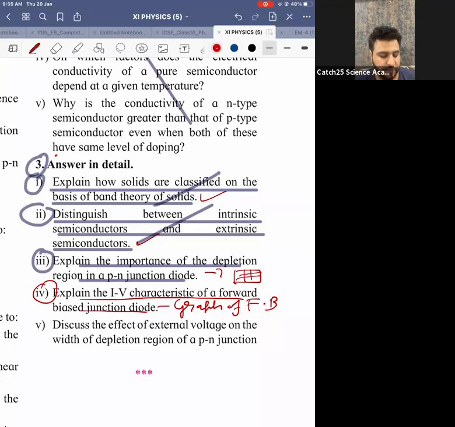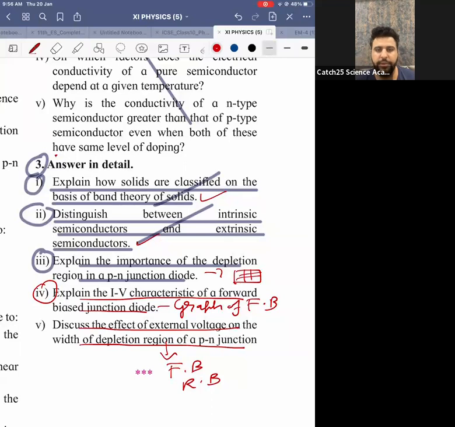See the next one. Discuss the effect of external voltage on the width of a depletion region. Means I have to explain forward biasing and I have to explain reverse biasing in detail. Means in other words, I have to explain what is forward bias PN junction diode and what is reverse bias PN junction diode. Can you manage to write that again?